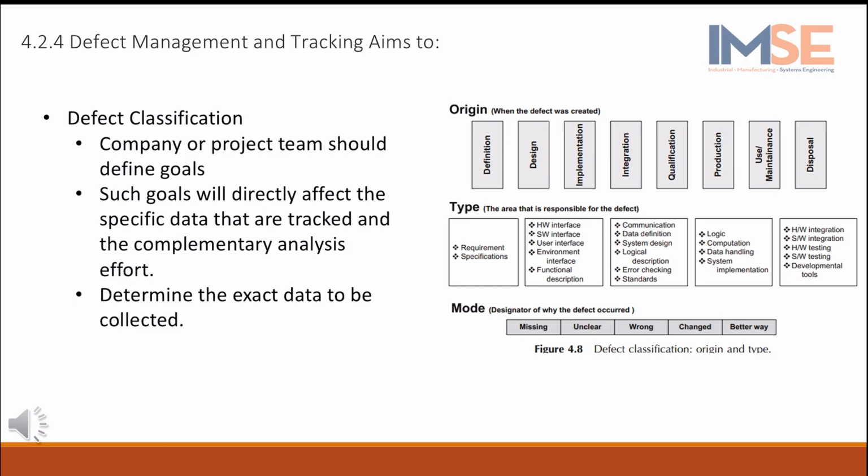For example, figure 4.8 depicts a defects categorization scheme tailored for systems. In this figure, defects are first categorized by the origin, that is the phase in which the defect was introduced into the system, and depending on the phase, each defect is assigned a type, that is the area within a particular origin that is responsible for the defect, as shown in the middle layer of the diagram.